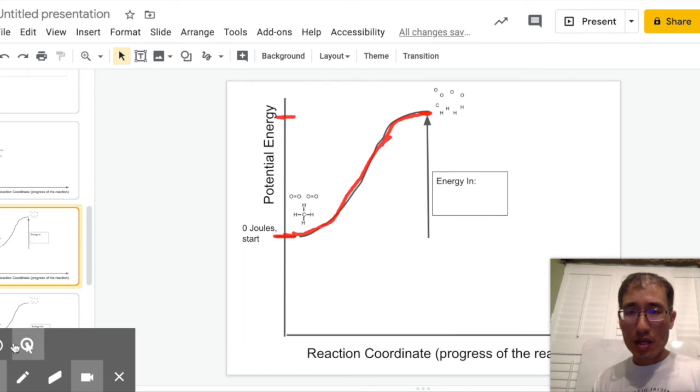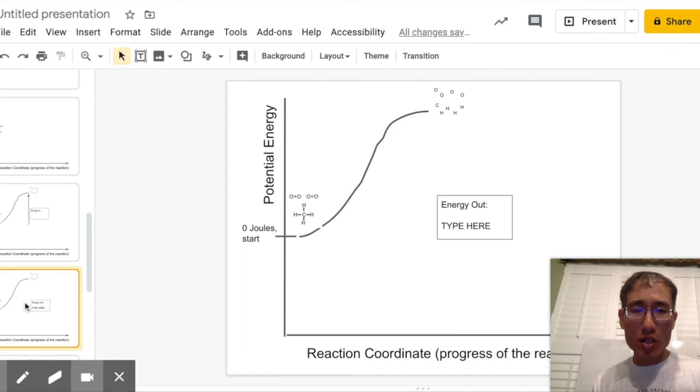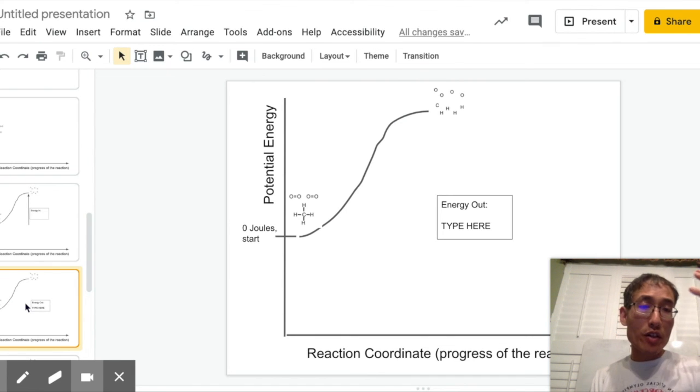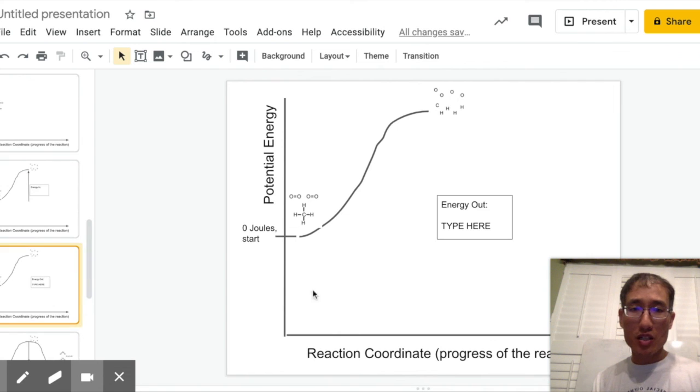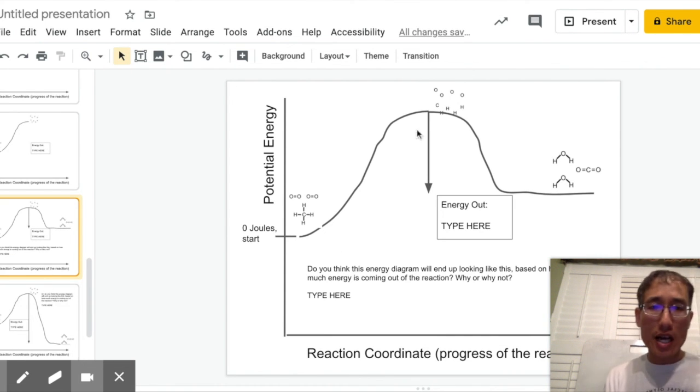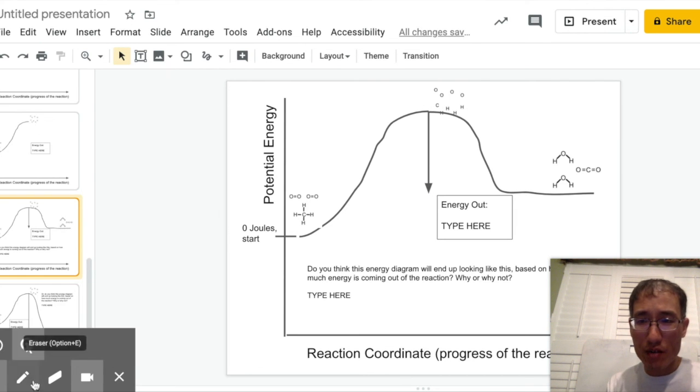Okay? And then once we have the energy in, now we have energy coming out. And that's recalculated for the second time. So type in your energy out here. And then we have two scenarios. The first scenario is the energy out going to be something like this, where we have a short arrow.